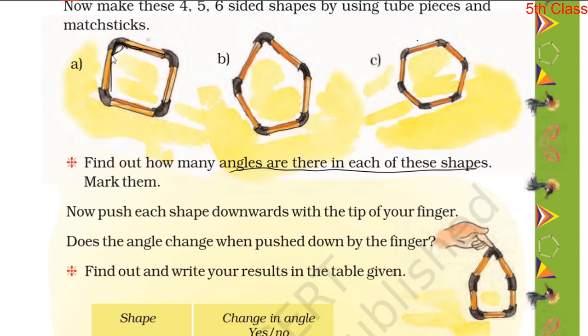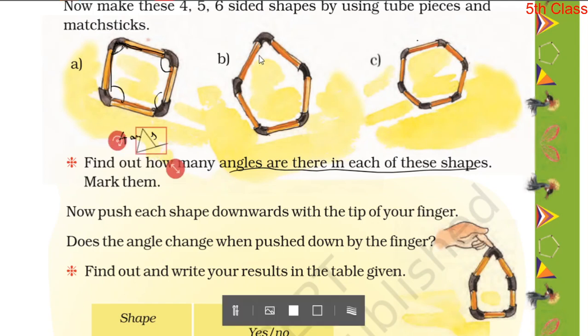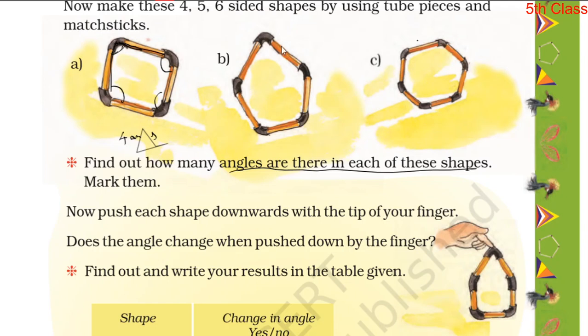So this is the first angle, this is the second angle and this is the third angle. How many angles are there? 4 angles. In the second diagram, we get 1, 2, 3, 4, 5.